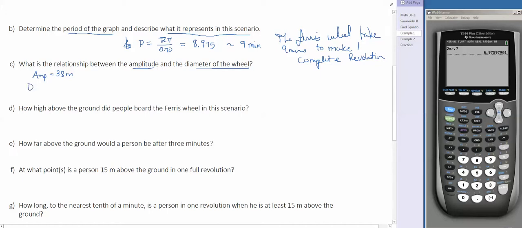And the diameter of the Ferris wheel was 76 meters. So we can see that the amplitude is exactly half the diameter, and so the amplitude is the radius of the Ferris wheel.